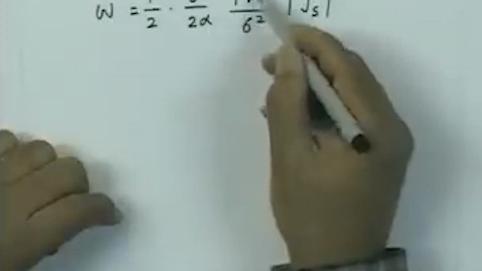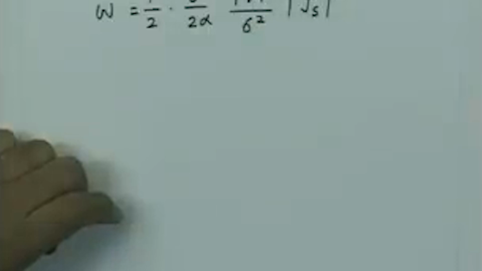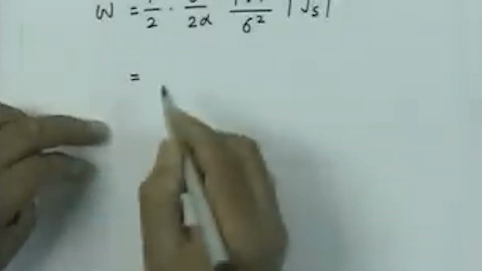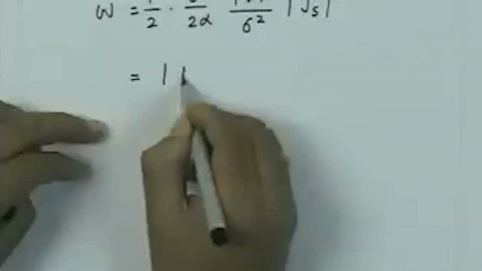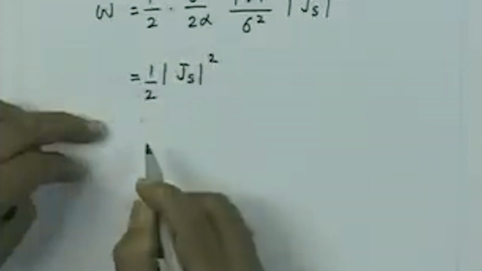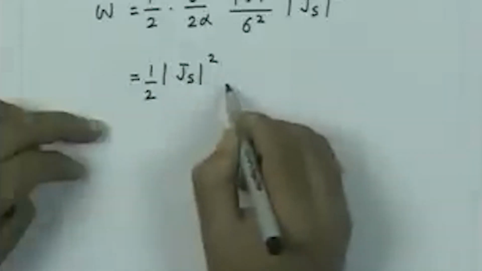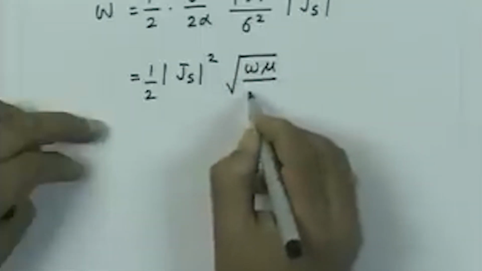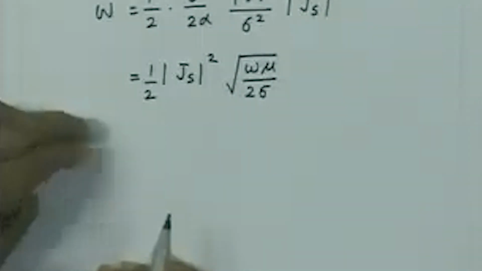And if I substitute for gamma appropriately, as we did in terms of the intrinsic impedance, this can also be written as mod Js square half multiplied by the quantity omega mu divided by 2 sigma.